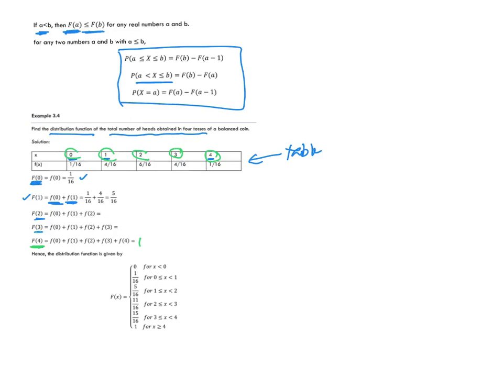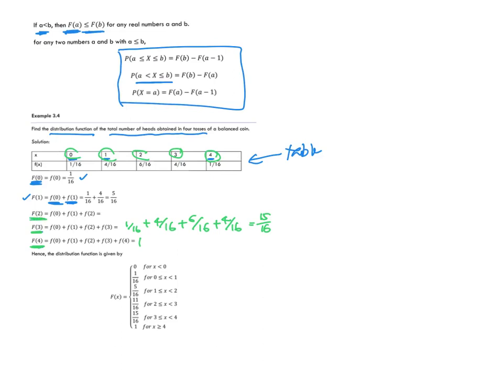And when x equals 3, you total up x equals 0, 1 over 16, plus x equals 1, 4 over 16, plus 6 over 16, plus 4 over 16. So you get 15 over 16.